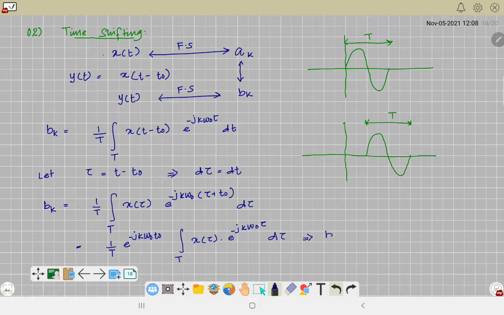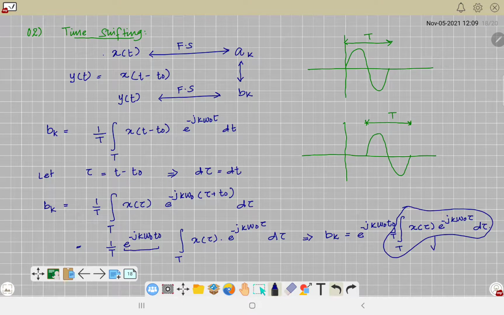Which means b of k is equivalent to this extra term, e raised power minus jk omega naught t naught, and internally I have this thing, e raised power minus jk omega naught tau d tau, right? I forgot 1 by T, I will include 1 by T here.